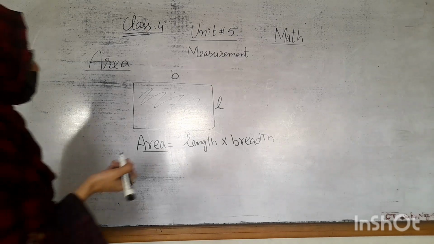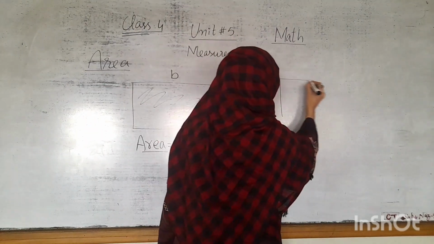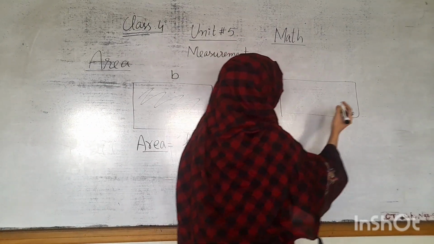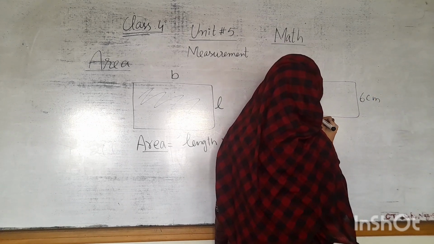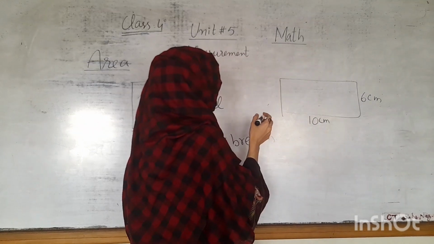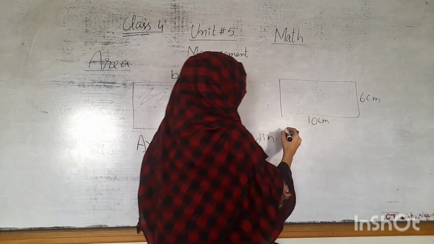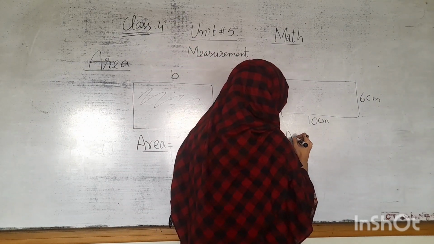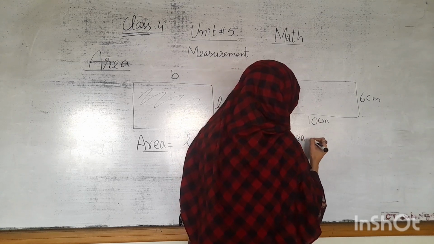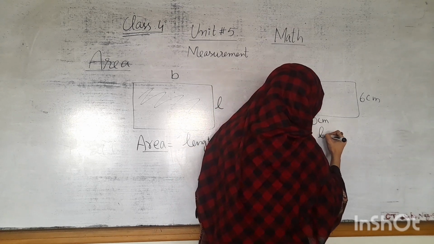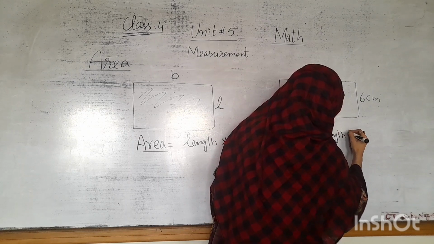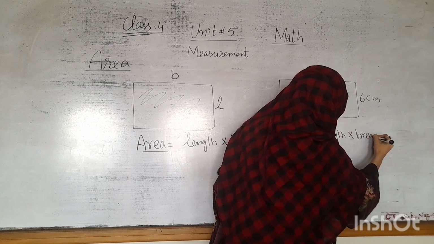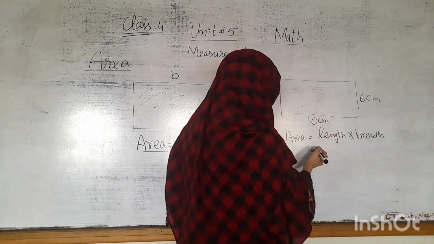For example, if we have a figure in which length is 6 cm and breadth is 10 cm, and we have to find the area of this shape, then first we will write the formula of area. Formula of area is length multiplied by breadth.